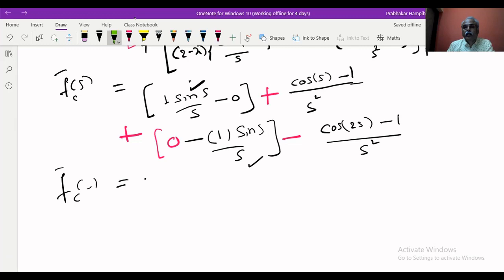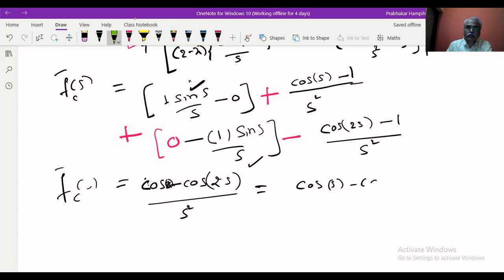Here minus 1, here plus 1 also get cancelled. So we are going to get cos s minus cos 2s divided by s square. So cos s minus cos 2s divided by s square.